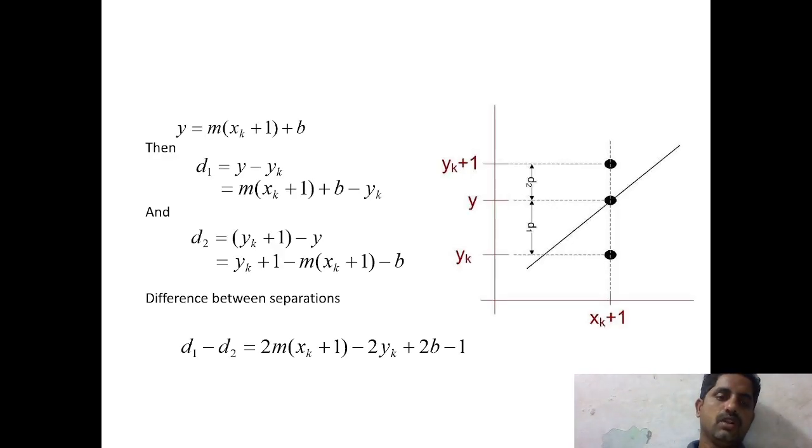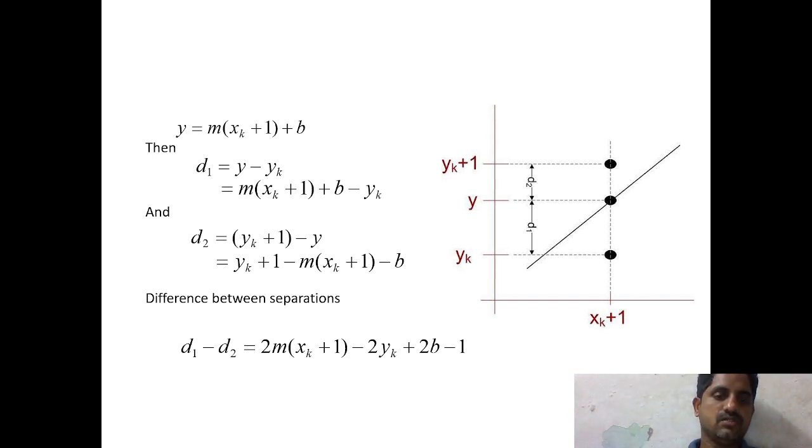Here y equals m of xk plus 1 plus b, then d1 equals y minus yk, that equals m of xk plus 1 plus b minus yk, and d2 equals yk plus 1 minus y, that is yk plus 1 minus m of xk plus 1 minus b.